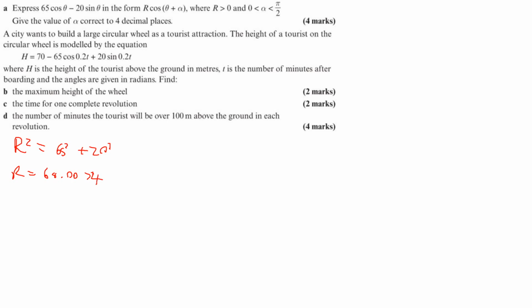68.0074. Okay. Now to work out alpha, the first thing we need to do is, last time I got lucky. This time it's cos and I get confused sometimes. So r cos(theta plus alpha) is equal to r cos theta cos alpha minus, excuse me, sine theta sine alpha.